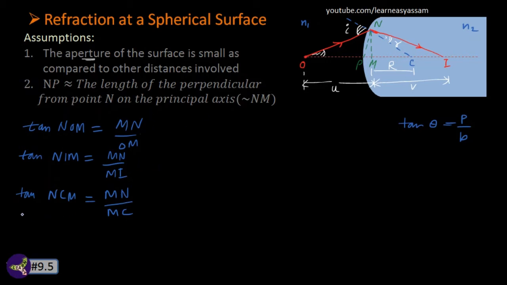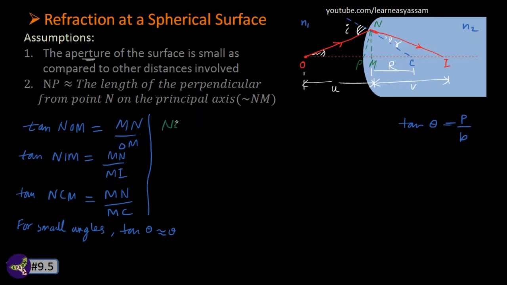Now we have to again assume that for small angles, we know that tan theta is nearly equal to theta. That assumption we know, so we can write here now. Let us see what we can write.